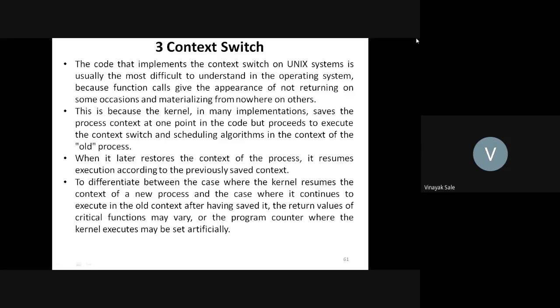To differentiate between the case where the kernel resumes the context of a new process and the case where it continues to execute in the old context after having saved it, the return values of critical functions may vary, or the program counter where the kernel executes may be set artificially.